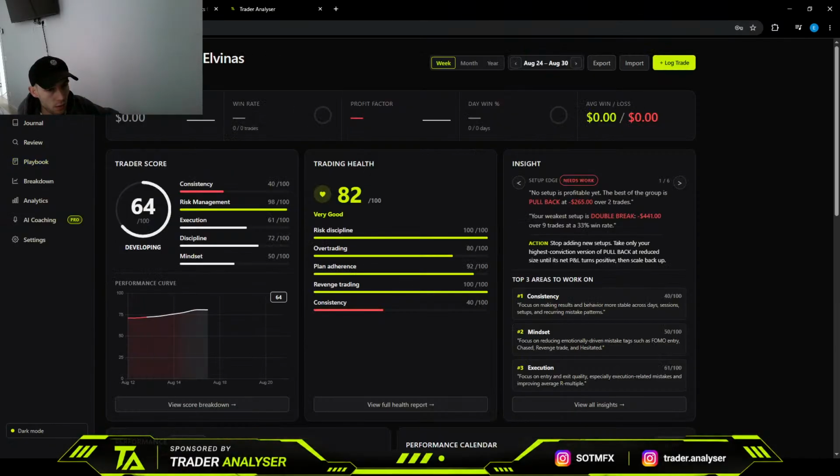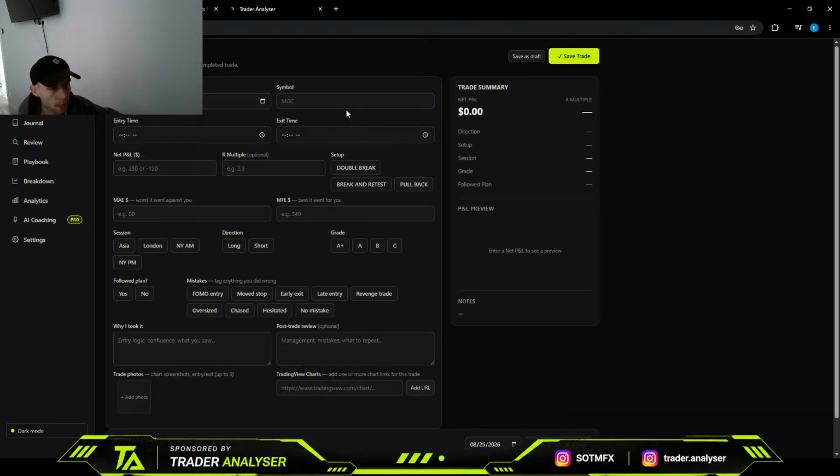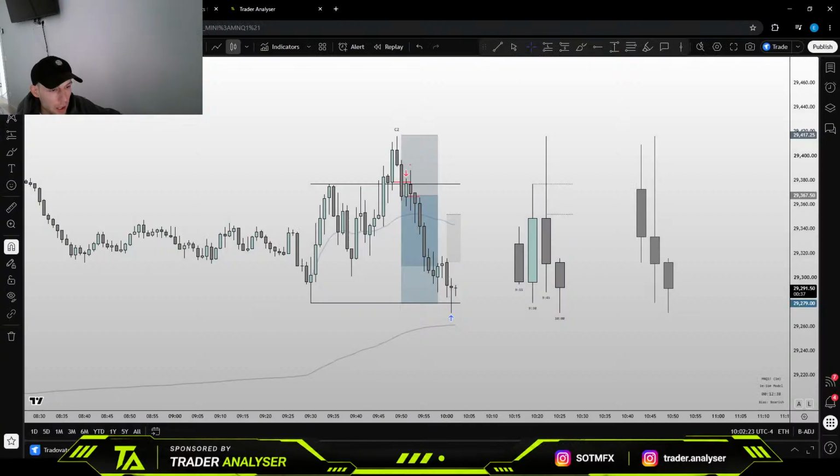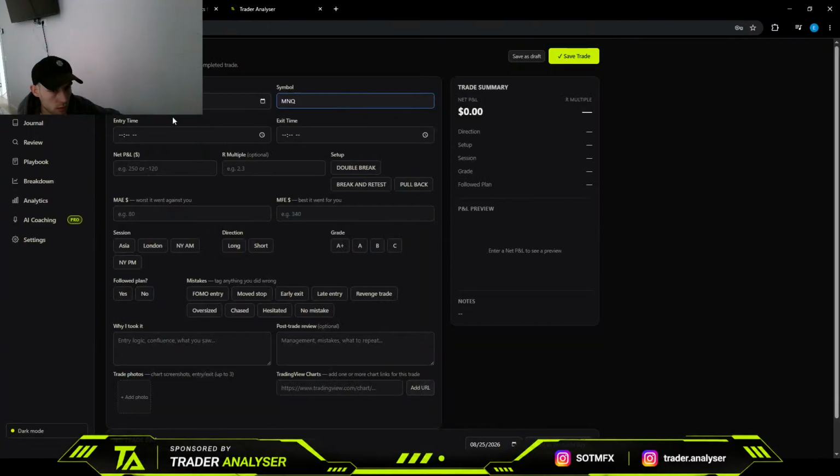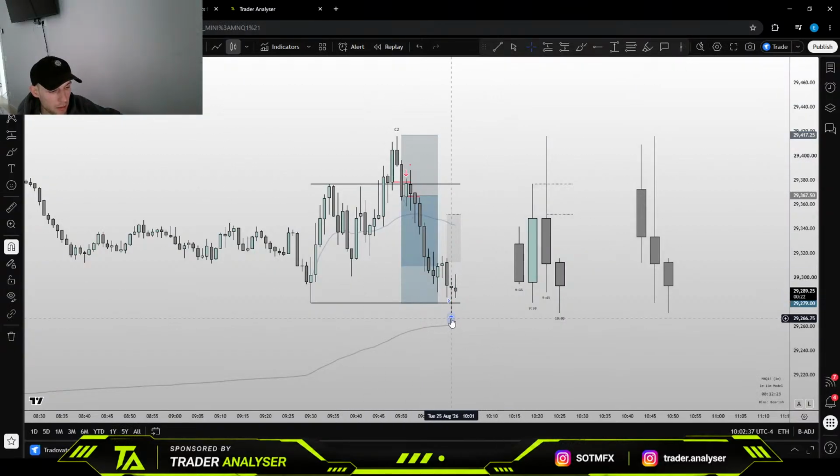All right, so let's log my first trade for the week, which was MNQ. Entry time was at 9:51, and the exit was at 10:01.